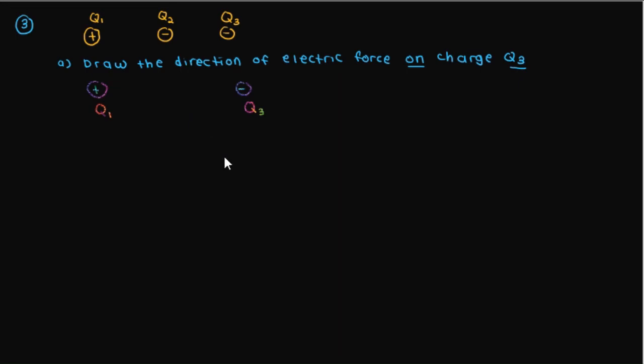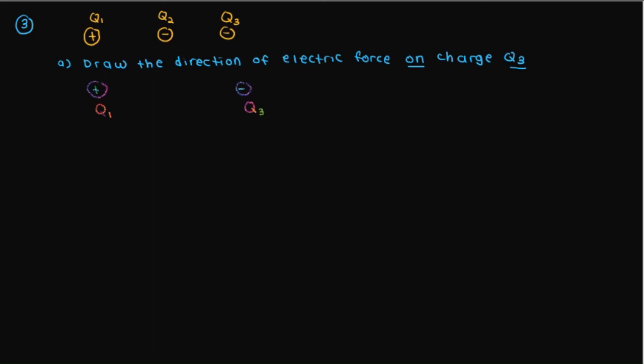Okay, so Q1 on charge Q3, this is positive charge and negative charge. You will produce attractive force, and our focus is on charge Q3. So attractive force, it will attract to each other. Attract to each other means that on charge Q3, the direction is attract to Q1.